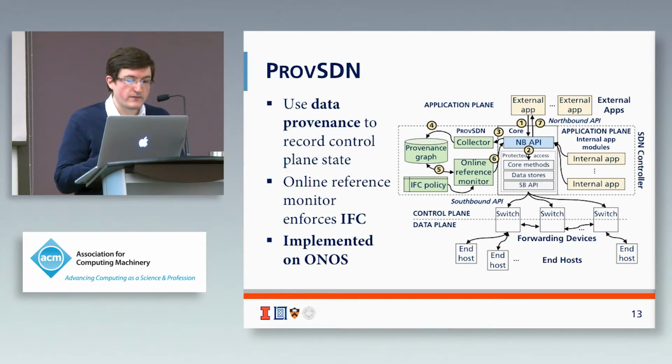Once it's stored in the graph, an online reference monitor checks whether the information follows the information flow control policy or not. If it does, and if it's allowed, then the request is handled as normal. If not, we can either warn the practitioner or prevent the information flow from occurring.